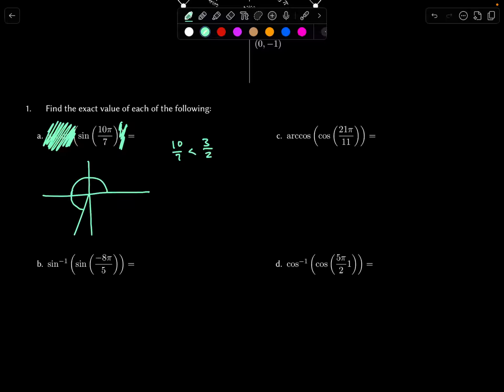Anyway, 3 sevenths is less than 1 half. That you can tell for sure.